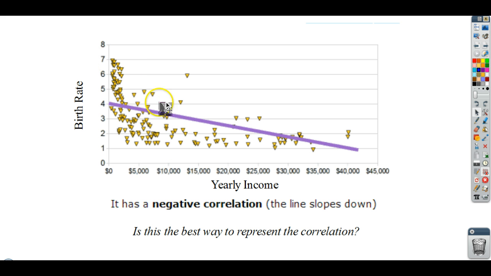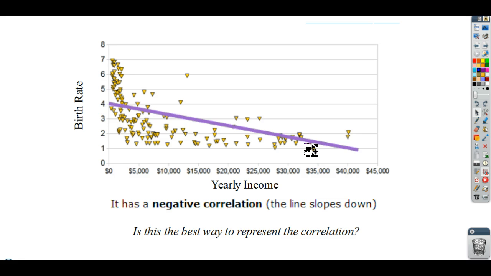So if you're looking at the world overall, the average income, the mean would probably be in here somewhere, just with the sheer number. So the mean or the median of yearly income is in there. I don't know what it is in the U.S., but I'm guessing it's probably in here somewhere. So anyway, this is all your data.